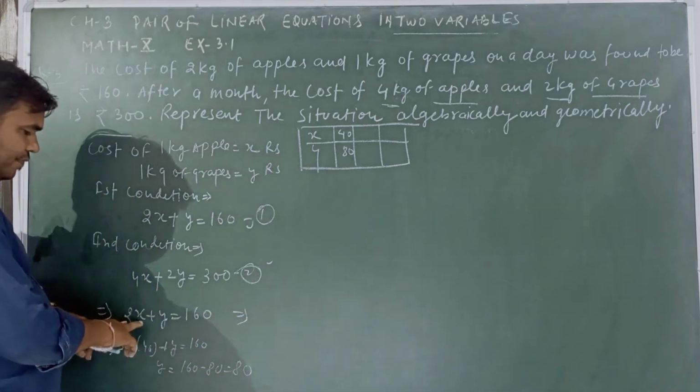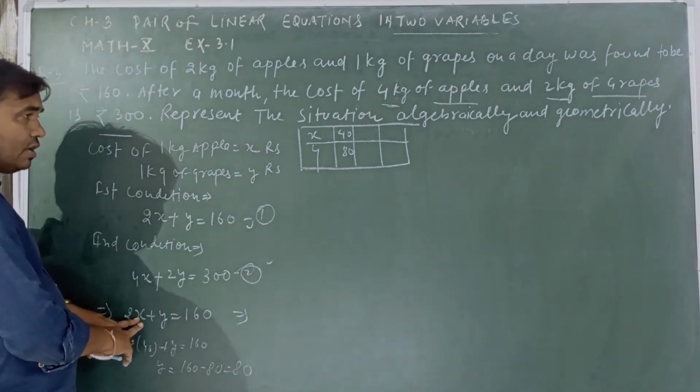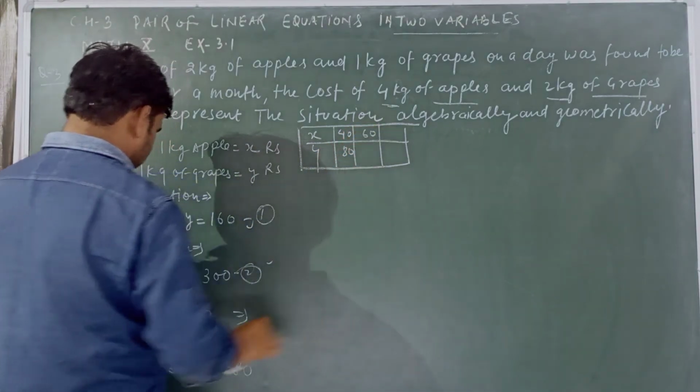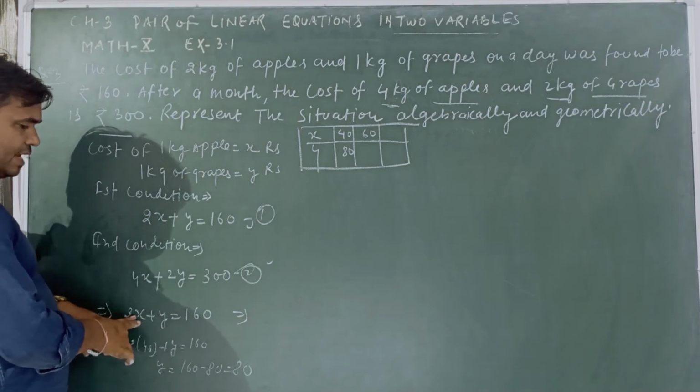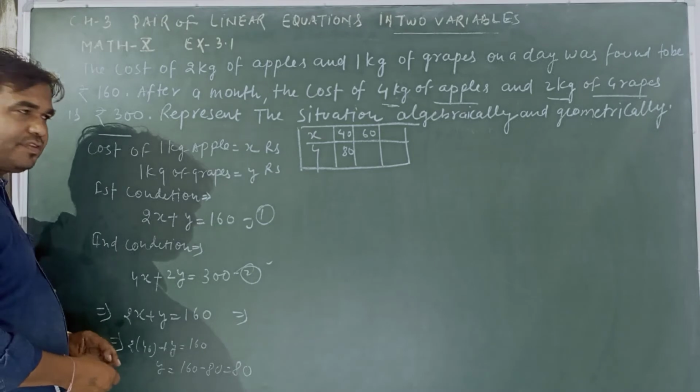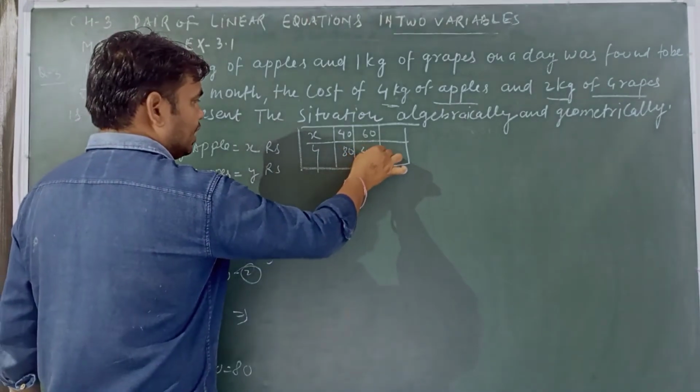Here we put x equal to 60, so 2x is 120, and we get y equal to 40.